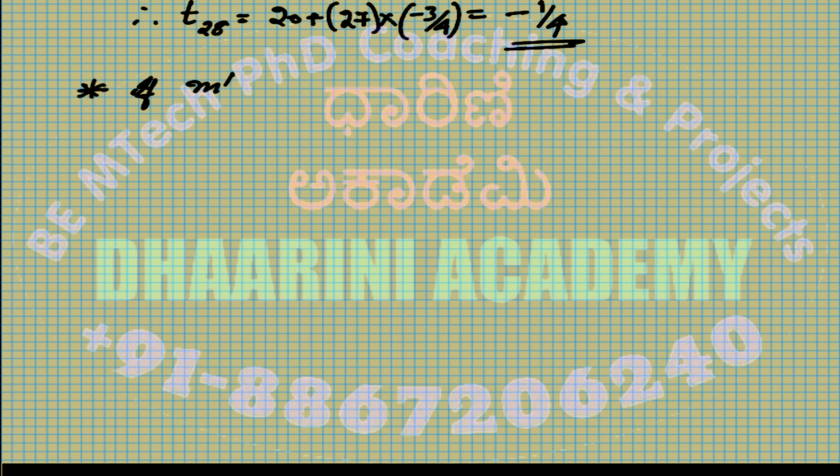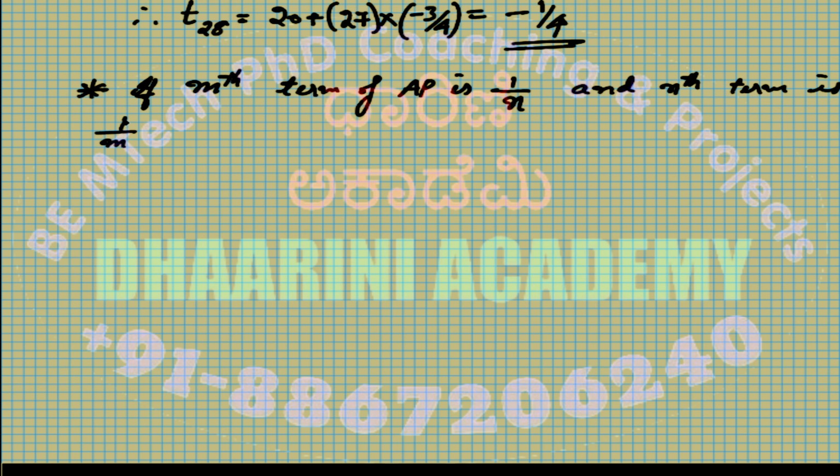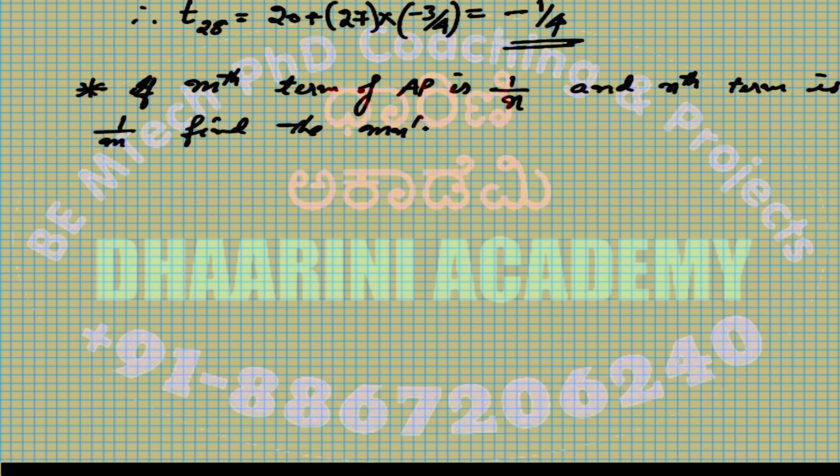If the mth term of an AP is 1 by n and the nth term is 1 by m, find the mnth term of the AP.